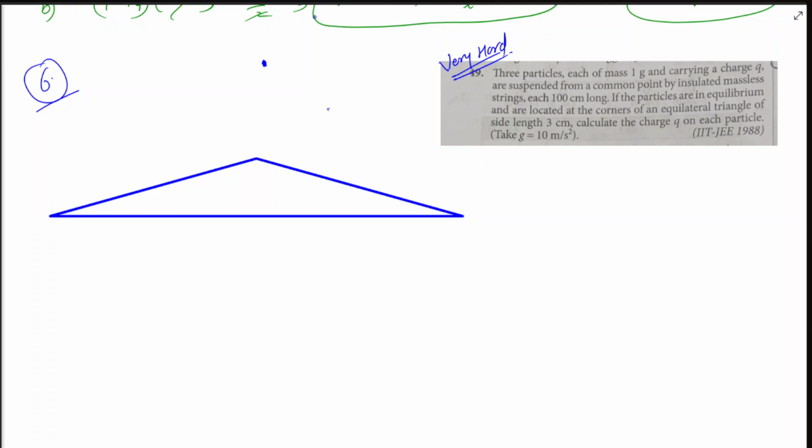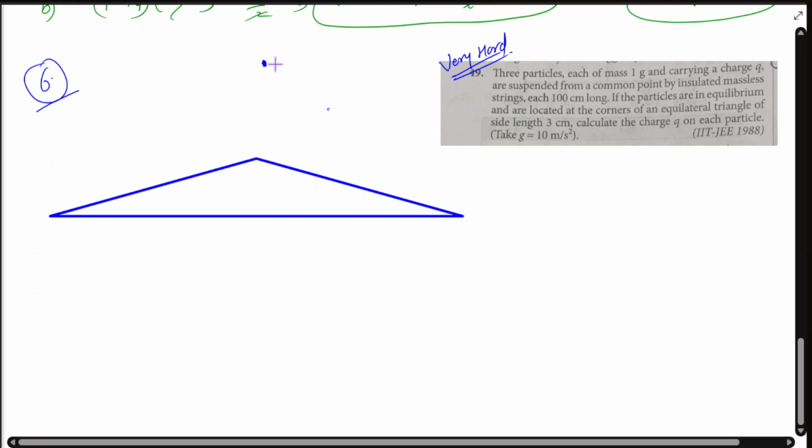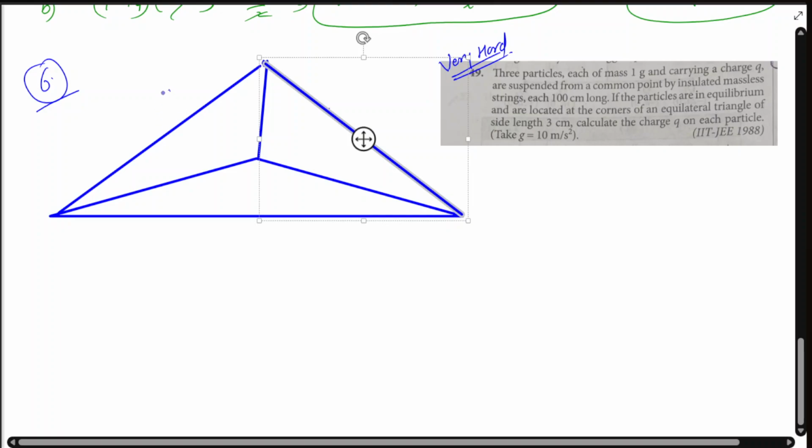Perfect. Now, one wire is like this, another is like this, and another wire is like this, right?